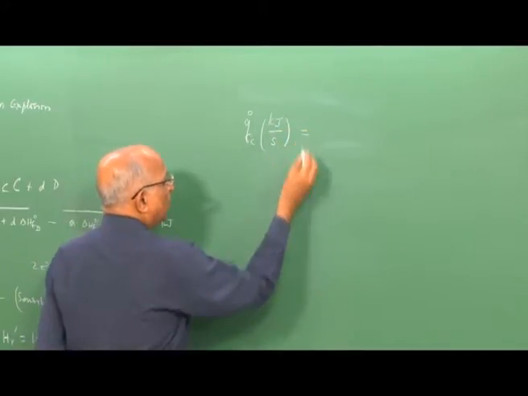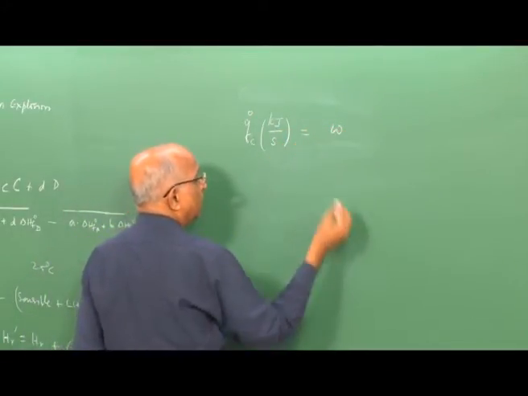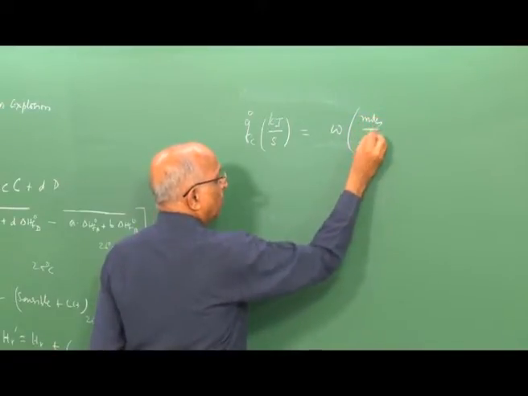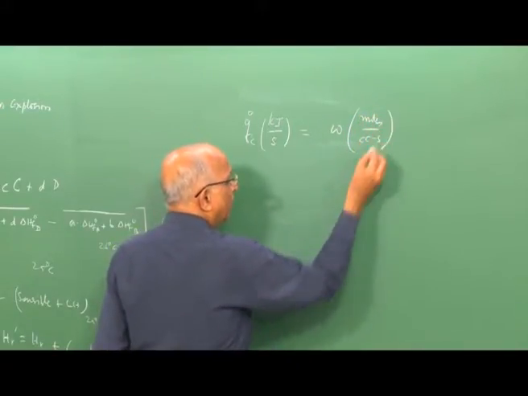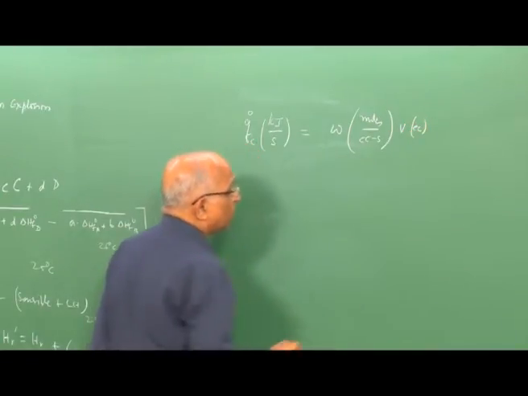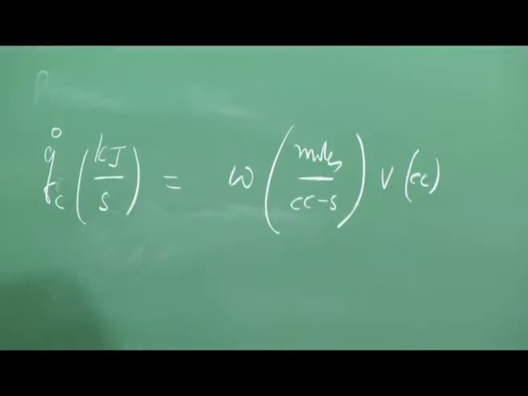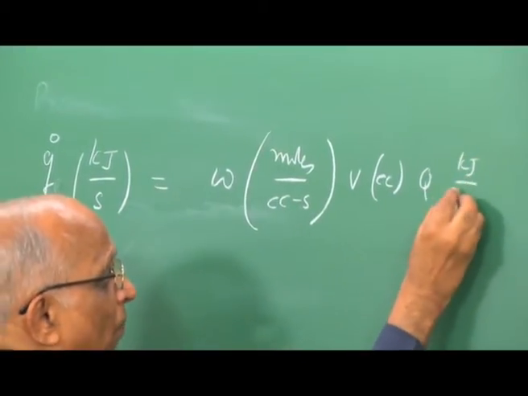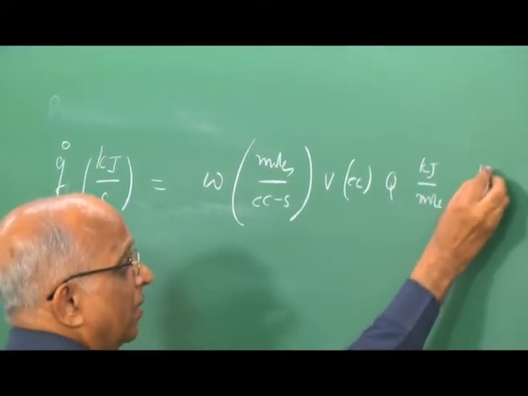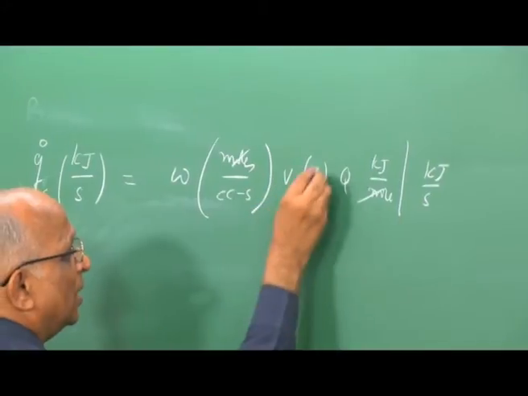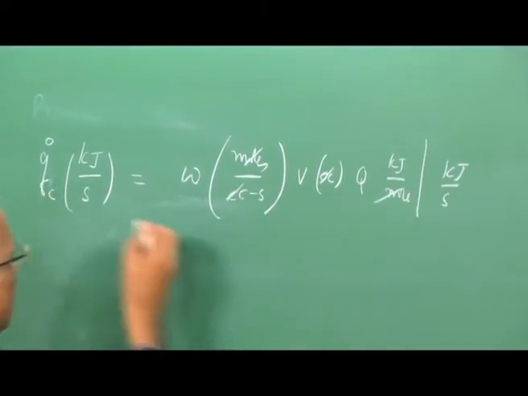It is equal to the rate of the chemical reaction, in moles per cc per second, multiplied by the volume in cc, which gives moles per second. If I multiply by the heat release Q in kilojoules per mole, we get the heat release in kilojoules per second. Mole and mole got cancelled, cc got cancelled, and I have kilojoules per second, which is the rate of heat release.